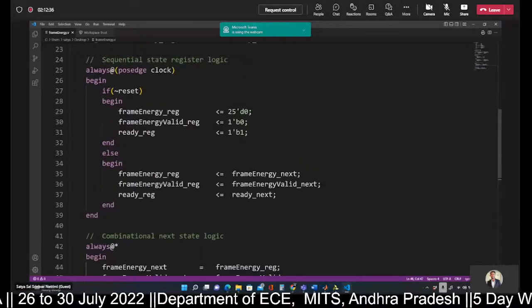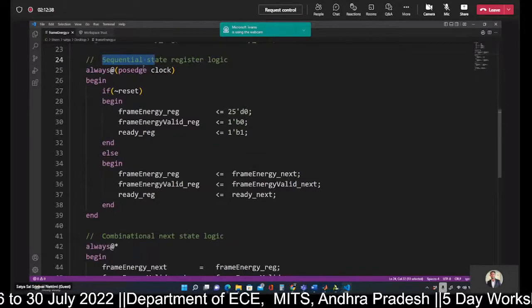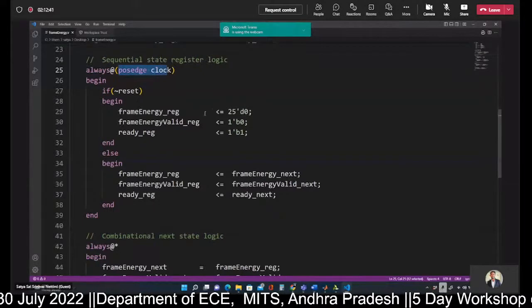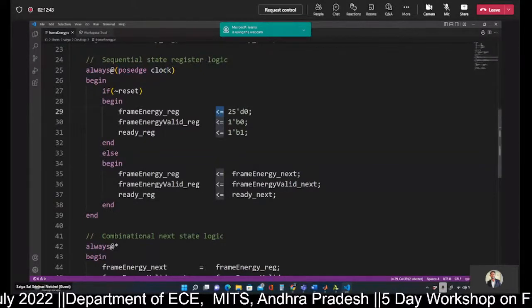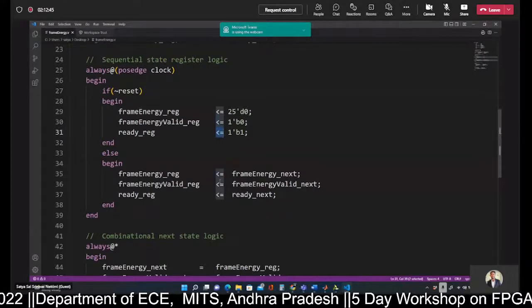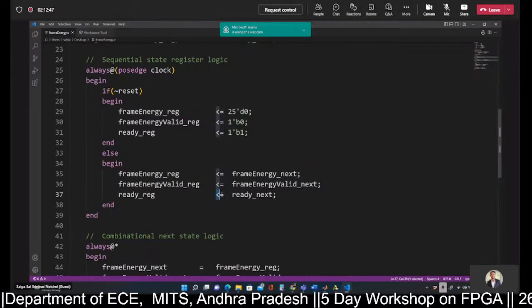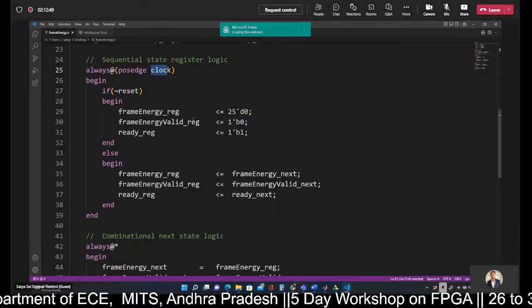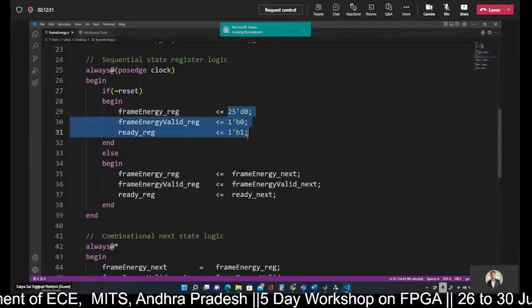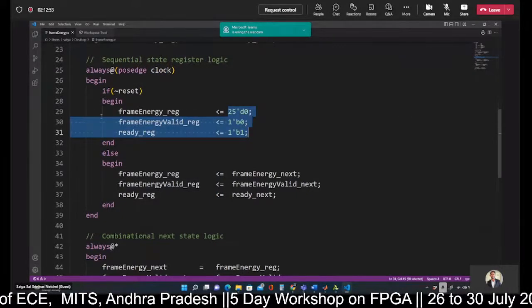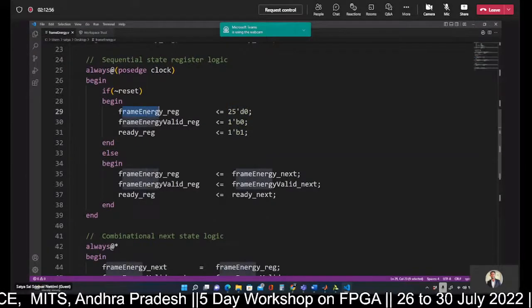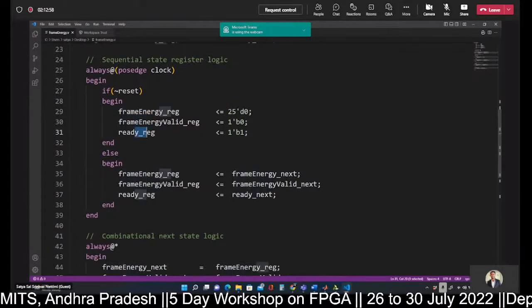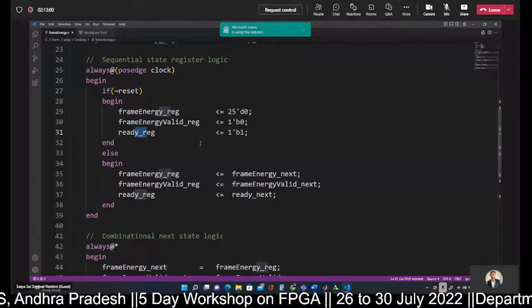And one thing you can notice here, in the sequential logic, everything is sensitive to clock, right? That's why I used non-blocking statements, that is less than or equal to. This makes sense, right? So when the positive clock edge comes, all the right hand side will be evaluated at first, and at a time on the clock edge, all these registers will be updated in parallel, not in sequential.